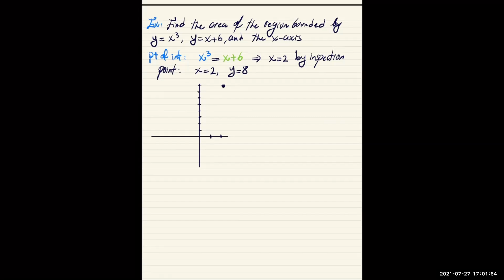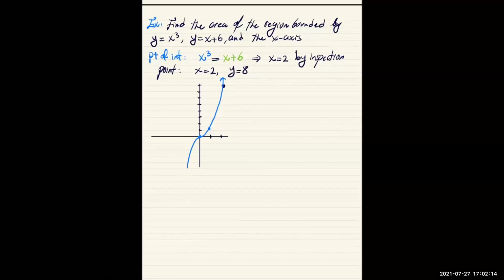The graph of y equal to x cubed, again, the S-shaped graph, goes through (1, 1). It goes through (0, 0). It looks something like that. And again, we don't care about the negative portion of the graph because the region is also bounded by the x-axis.